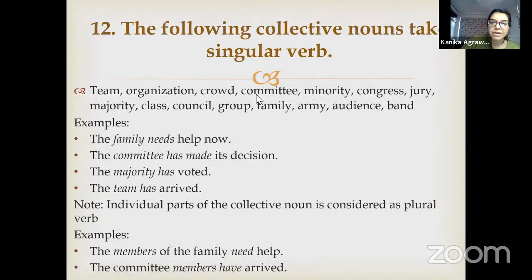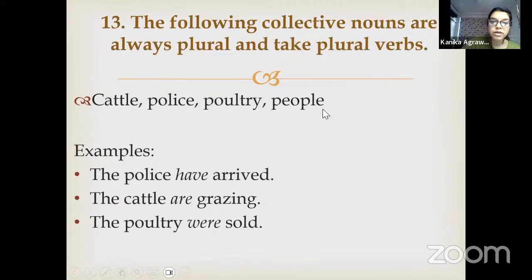You can just memorize these 4 words, and then you can understand that these 4 words are always plural. The rest of the collective nouns are always singular. I think that way it would be easy, maybe, isn't it?